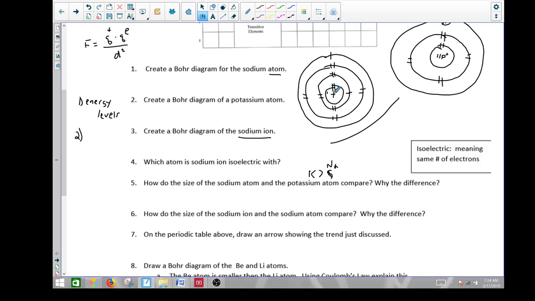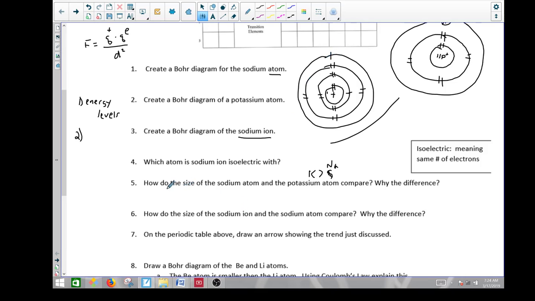So the protons are radiating out attractiveness in all directions. So what's the force of attraction of the nucleus? They'll attract all of them, but again, to an individual electron. That's the attraction an individual electron experiences.